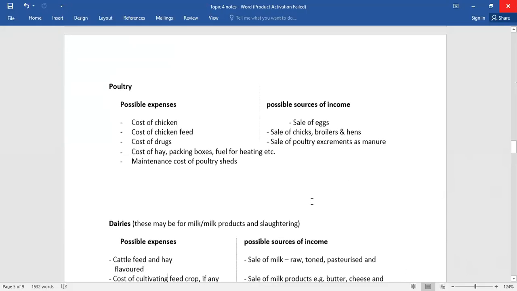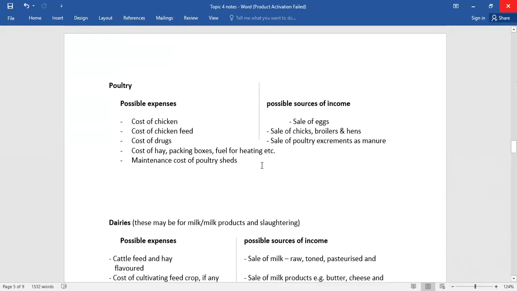The good thing about farming, you can easily tell now the items. For example, if you are doing poultry farming, your possible expenses will be the cost of chicken, so this is for inventory, cost of the chicken feed, cost of drugs, if you are immunizing or vaccinating them, cost of hay, packing boxes, fuel, heating, etc. Those are expenses.